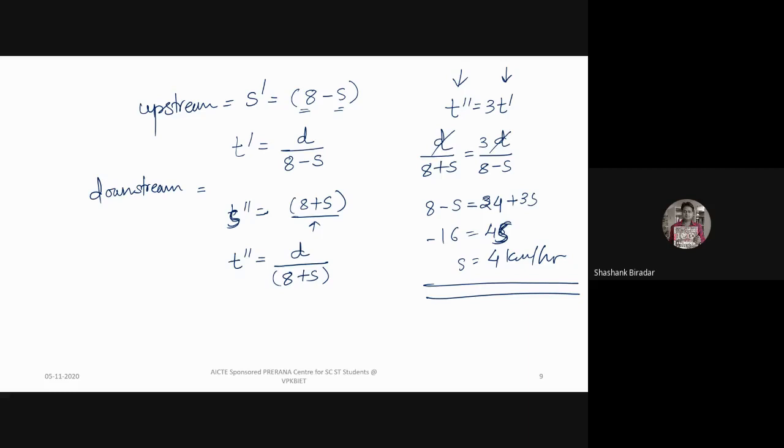Am I correct? Yes, sir. So the stream, if you take the magnitude of the stream, is 4 km per hour.